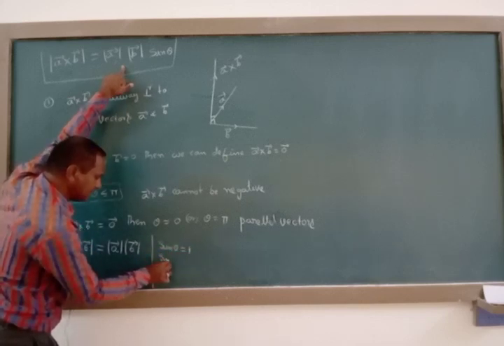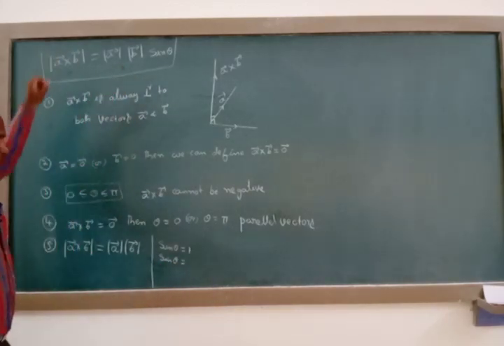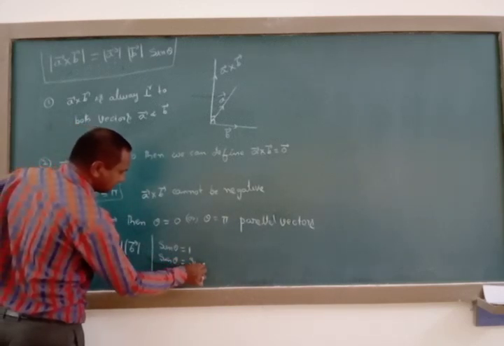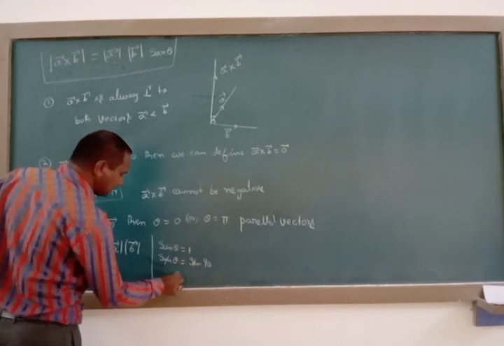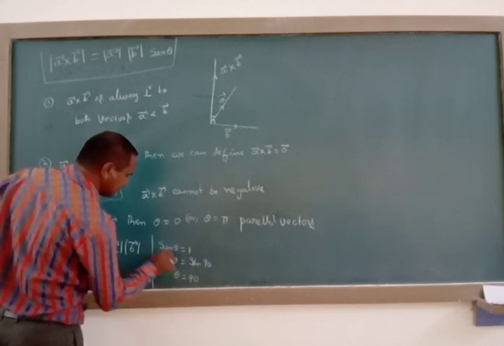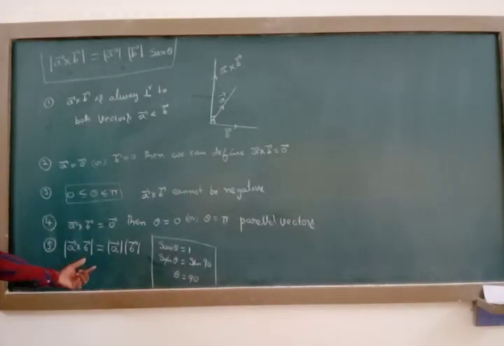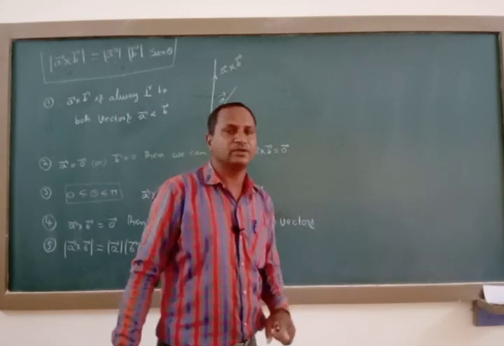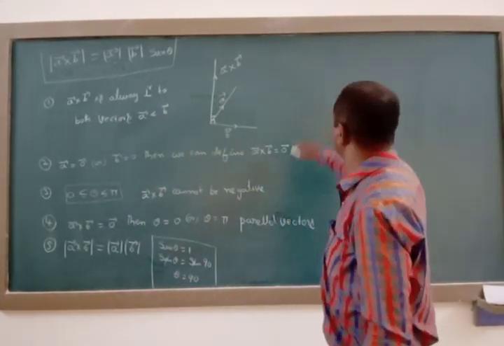Whenever it is 1, in case of sine function, 1 is the value for which degree? Sine 90. Then sin gets cancelled, then theta is equal to 90 degree. Whenever these two values are the same, in that case we say those two vectors are perpendicular to each other.